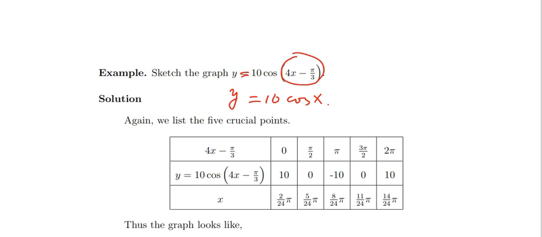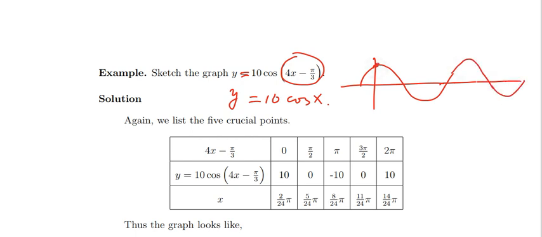So for those cosine values, by now we should remember: 1, 0, negative 1, 0, 1. The graph is just like that, repeating again and again. So this is cosine: 1, 0, negative 1, 0, 1. Multiplying, 1, 0, negative 1, 0, 1 become 10, 0, negative 10, 0, 10.